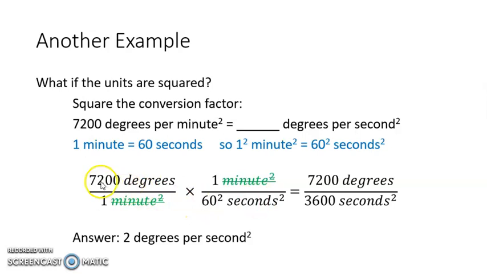Now I can multiply. 7,200 degrees times 1 is 7,200 degrees. 1 times 60 squared seconds squared is 3,600 seconds squared. This is 60 squared. And finally, I'm just going to divide this to get it per second squared. So 7,200 divided by 3,600 is 2. So this is 2 degrees per second squared.